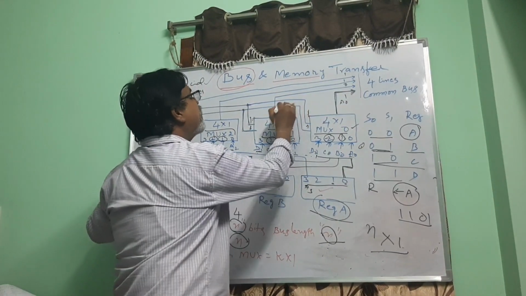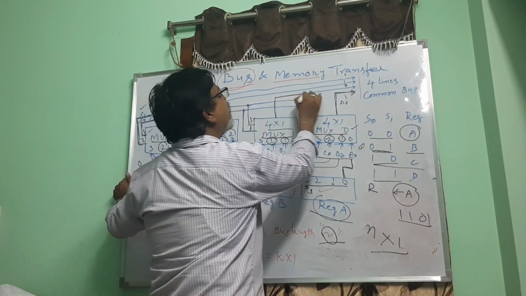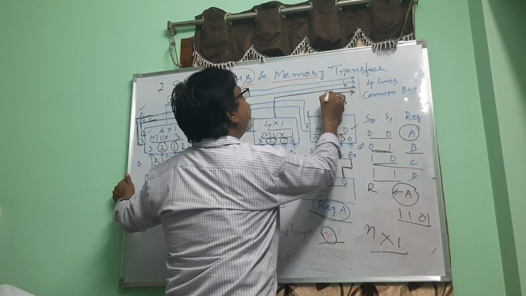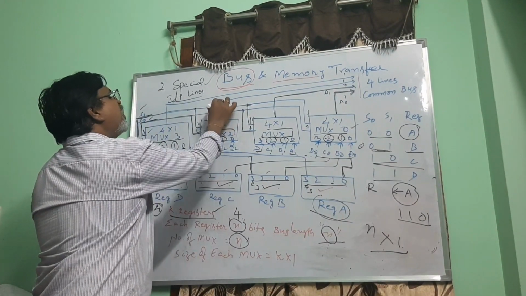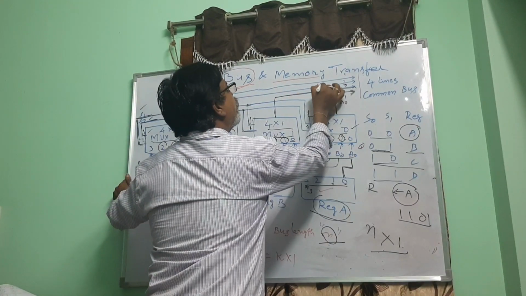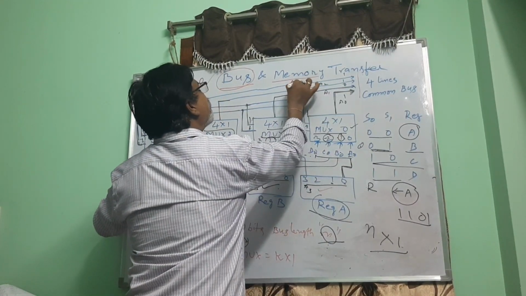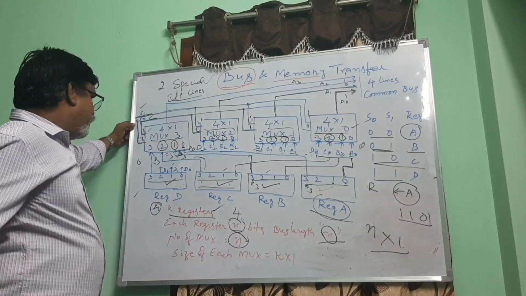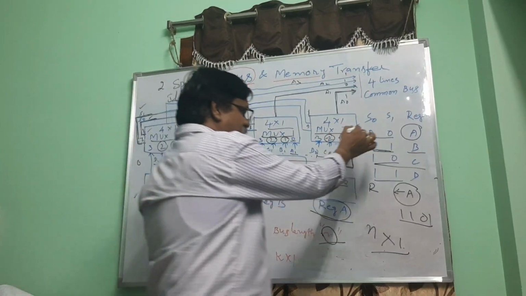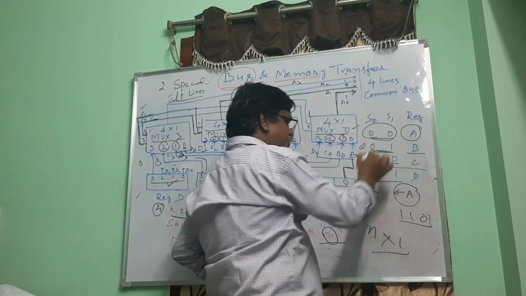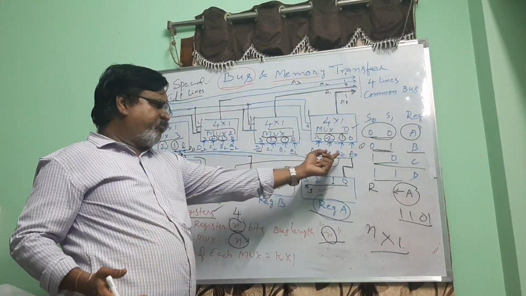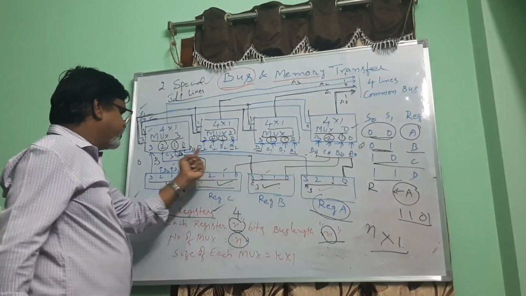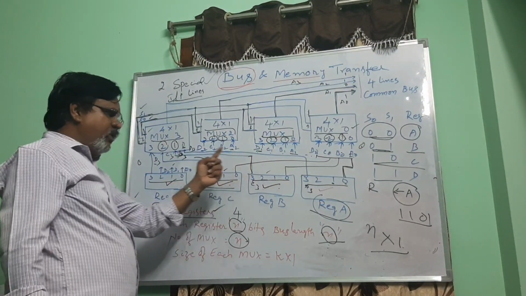From this multiplexer, A1 will be moved onto the bus, from this one A2, and from here A3. So the moment S0 and S1 are 0, all the multiplexers will release the values of register A, that is A0, A1, A2, A3.